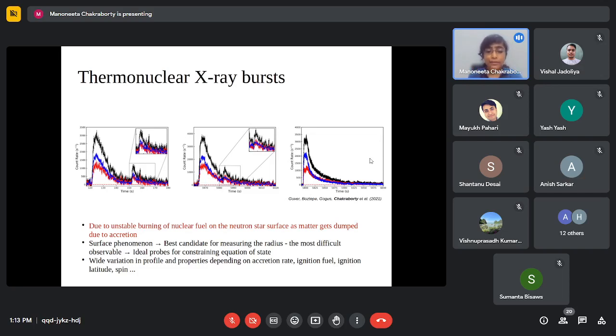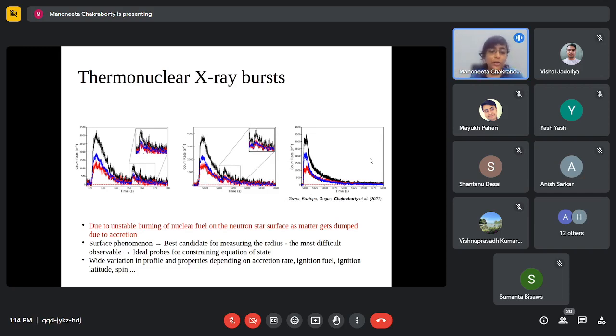And apart from that, again, the challenge is that they show a wide variation in their properties, depending upon how much fuel is getting dumped on the neutron star, what is the nature of the fuel, does it contain more hydrogen, more helium, or trace amounts of carbon, or so on.